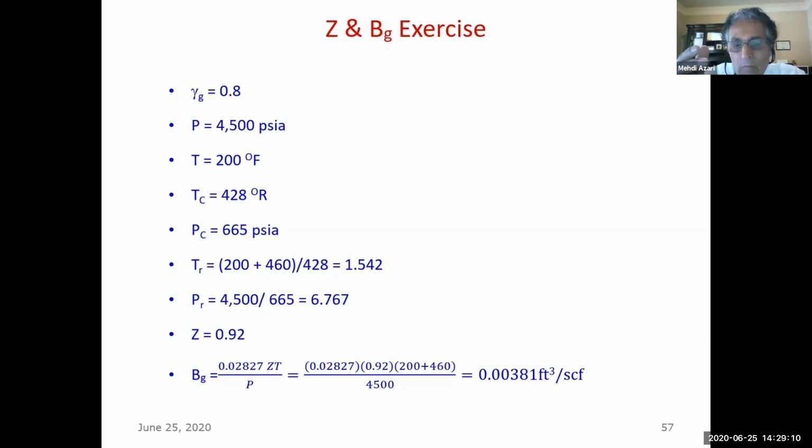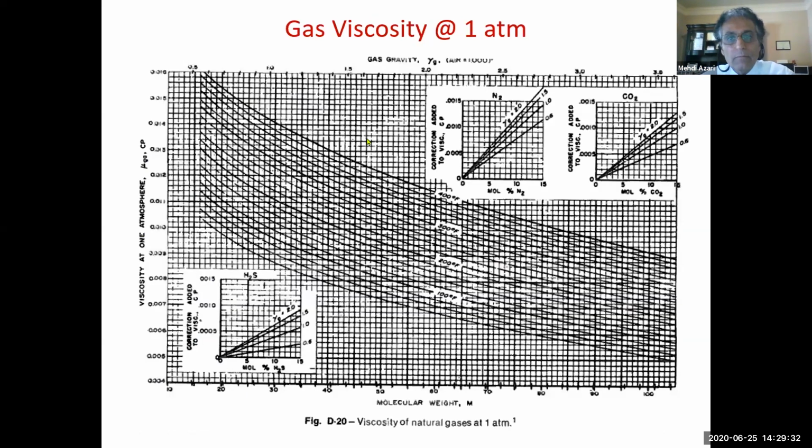So 1 cubic foot of gas in the reservoir is going to have over 250 cubic feet at surface. It's going to expand a lot. This is the reverse of oil. Oil has more volume in the reservoir than at surface, but gas is different. It's going to have so much more gas at surface, because in the reservoir it's compressed.